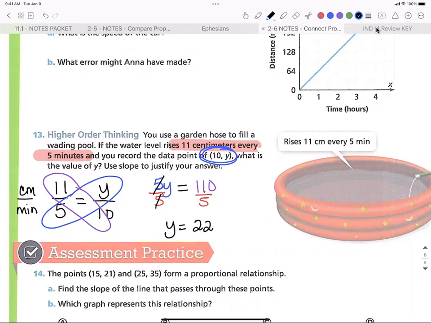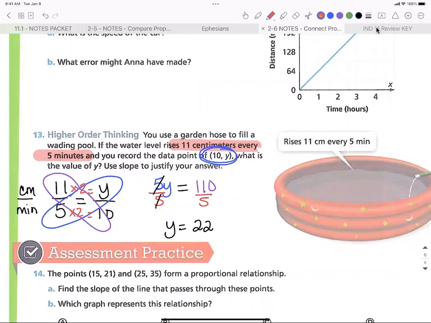So what does that mean? 22 what? Yes. That's fine. That works. It's the same thing. Yep. She recognized you could multiply 5 times 2 to get 10. So 11 times 2 gives you 22. However way you work it out is good.